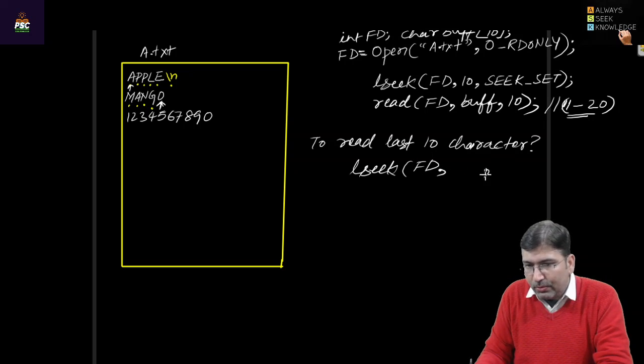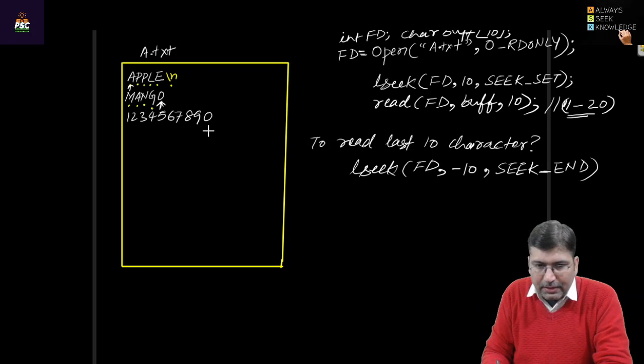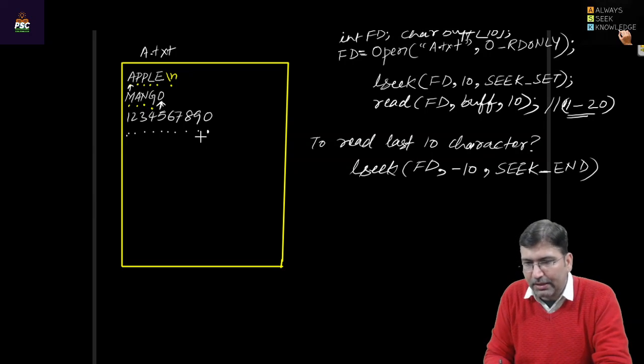At whence, you write SEEK_END, and you reset your pointer or position to the end, and here you take a negative offset value so that you go to the last position and go back 10 places. So 1, 2, 3, 4, 5, 6, 7, 8, 9, 10, and then from there you can read 10 characters.